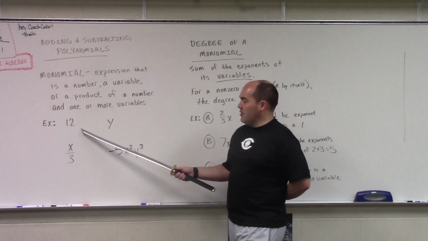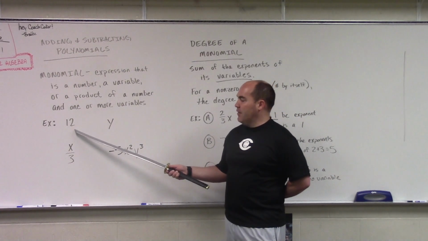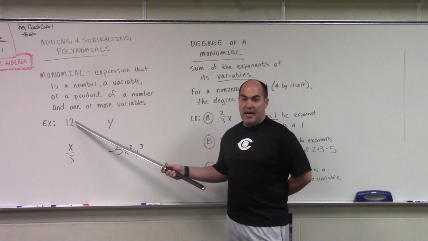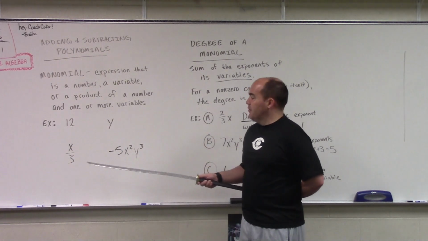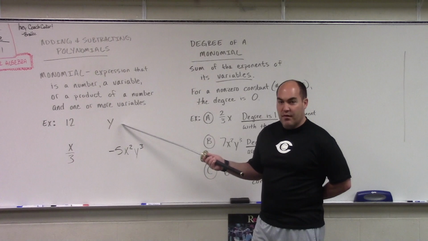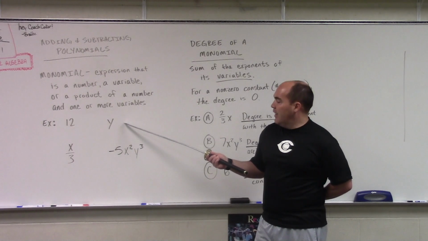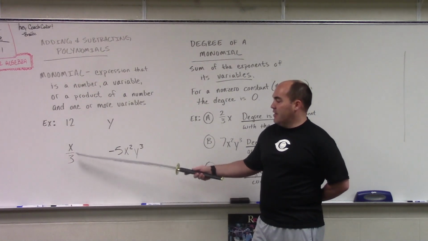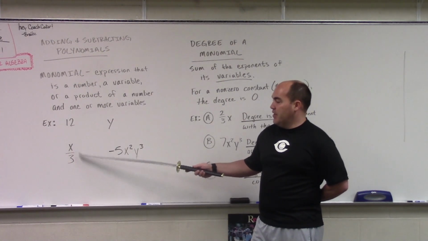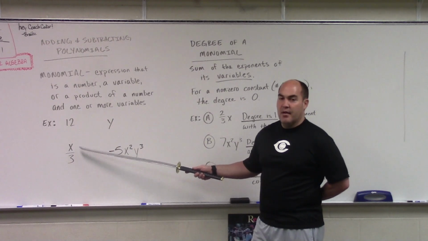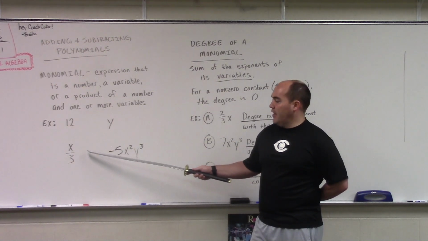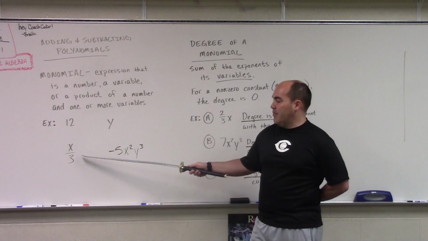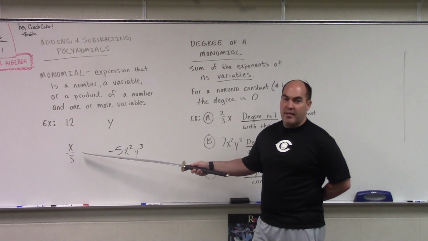We've got some examples listed here. The number 12. So any number by itself is going to be a monomial. Any variable by itself, right here we've got a y, is also going to be a monomial. This looks like division, and it is x over 3. But remember, anytime you see division like this, x divided by 3 is the same thing as x times 1/3.